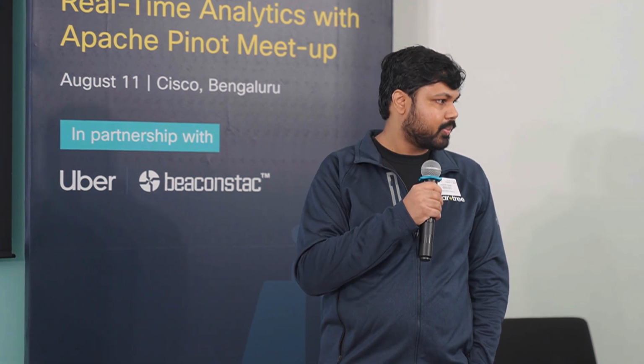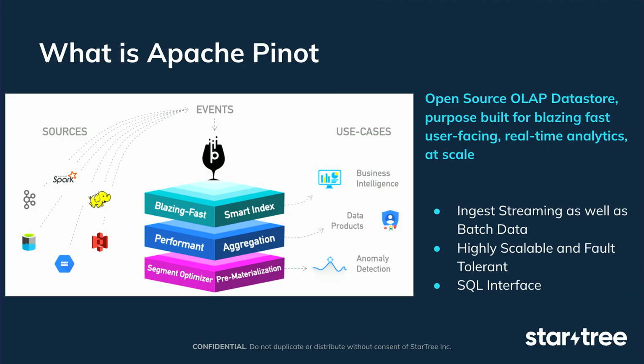First, let's focus on the use case of Apache Pinot. Apache Pinot is a real-time, low latency analytical database. What do I mean by that? First of all, it's an OLAP database. It's not an OLTP database.